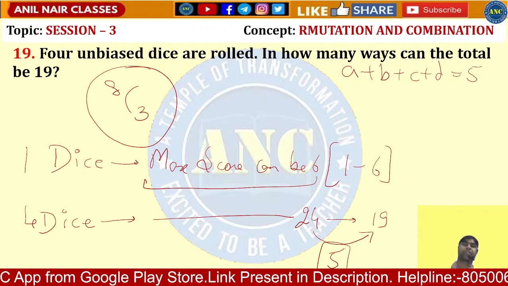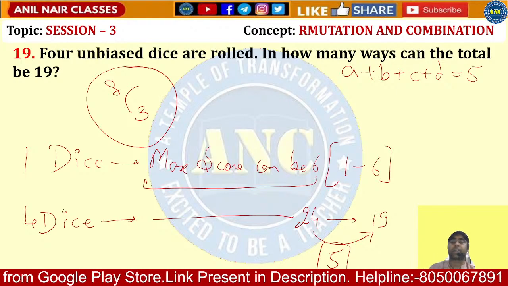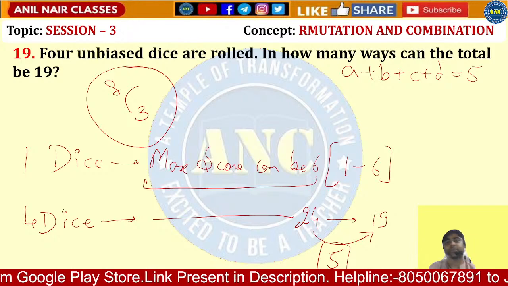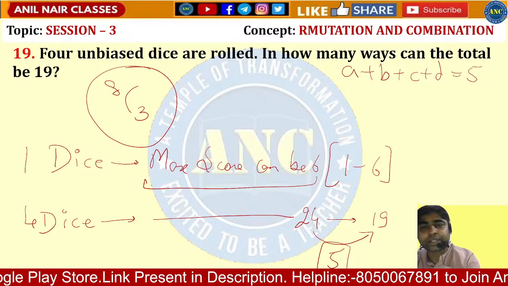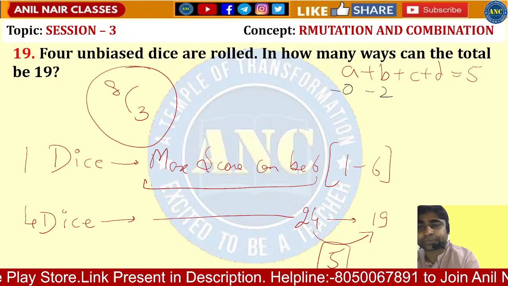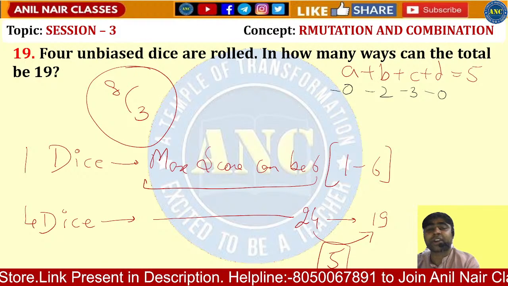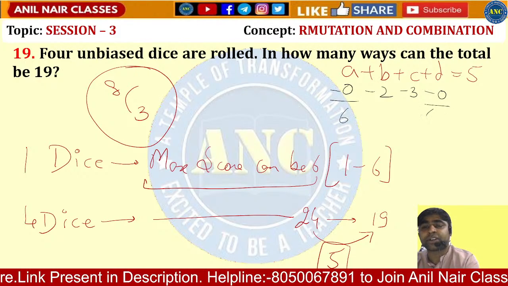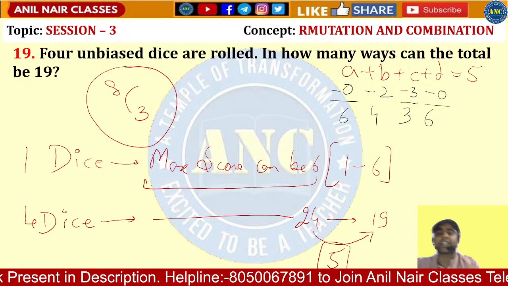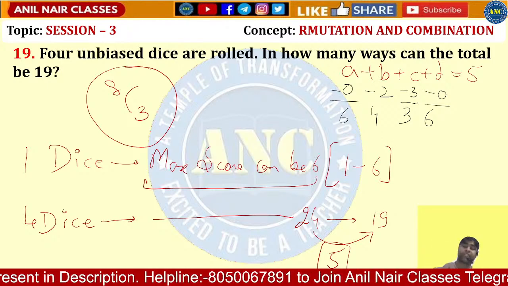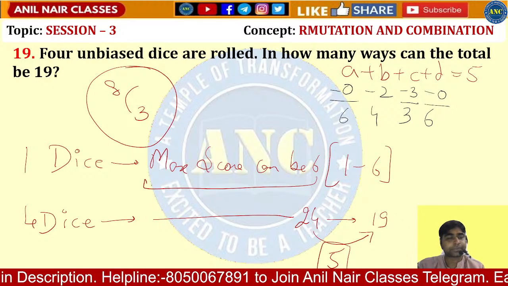This would become my actual value. There can be 0 less also: 0 less here, 2 less here, 3 less here, and 0 less here. That is also possible. If I got 0 less, that means I got the maximum value. 2 less, that means I got 4. 3 less, that means I got 3. The summation of this would also be 19 only. You can just cross check.